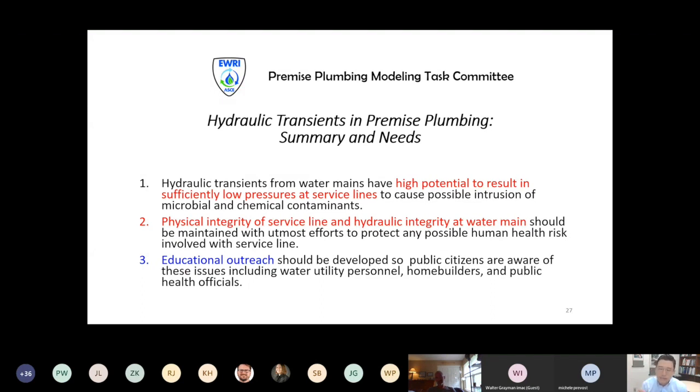Hydraulic integrity at the water main should be maintained with the utmost effort to protect against possible human health risk involving our homeowners' or building owners' property, which is the service line. In that manner, educational outreach should be developed so public citizens are aware of these issues, including water utility personnel, home builders, and public health officials.